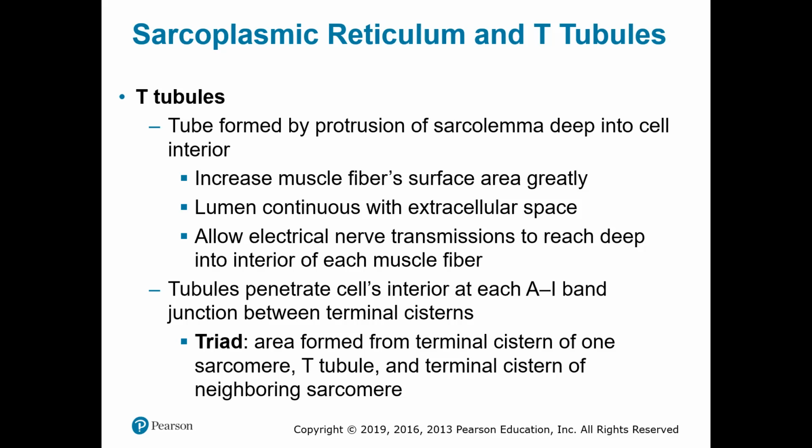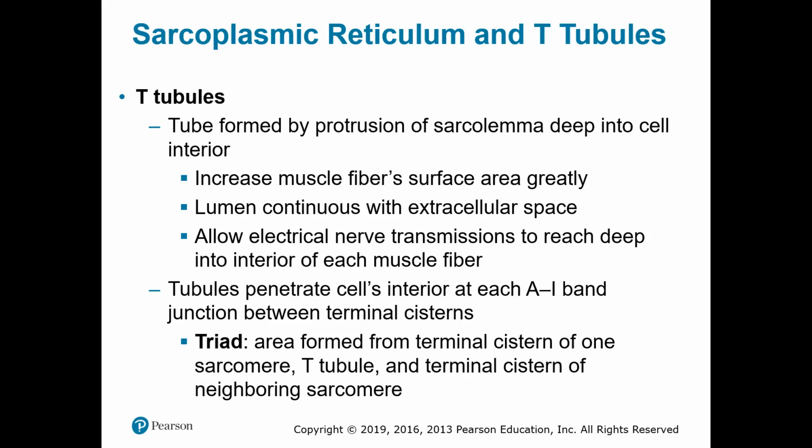These are called the T tubules. These are nothing more than extensions of the cell membrane. And they run down here, they surround the myofibril at each individual Z line. So there are probably millions of T tubules in every muscle cell.